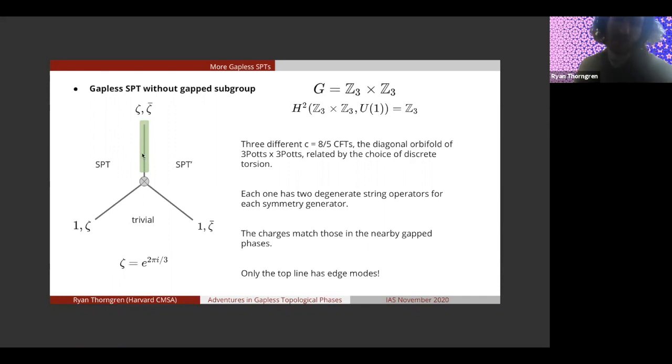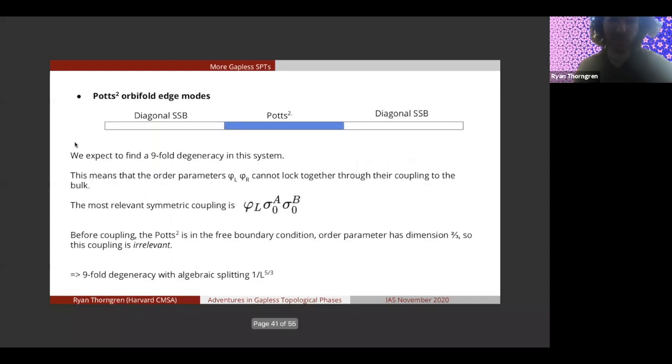So actually you have three ground states that are algebraically split, but at a power more than 1 over L, like 1 over L to the 5/3 or something. And then you have 1 over L to the first excited state. So here it's a faster than 1 over L algebraic degeneracy. That was a technical point.